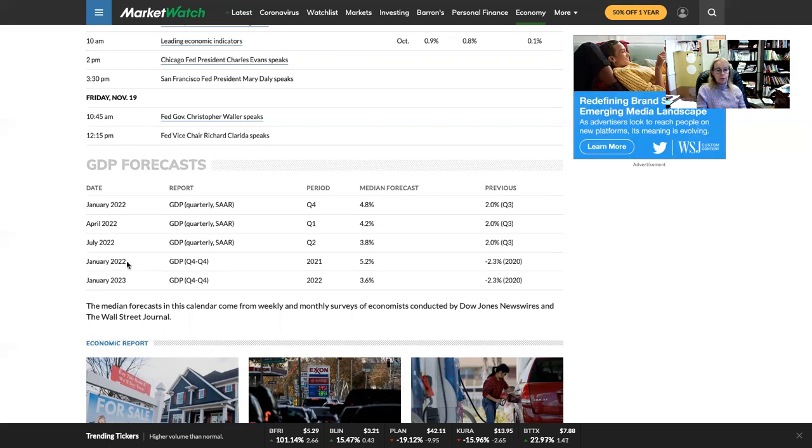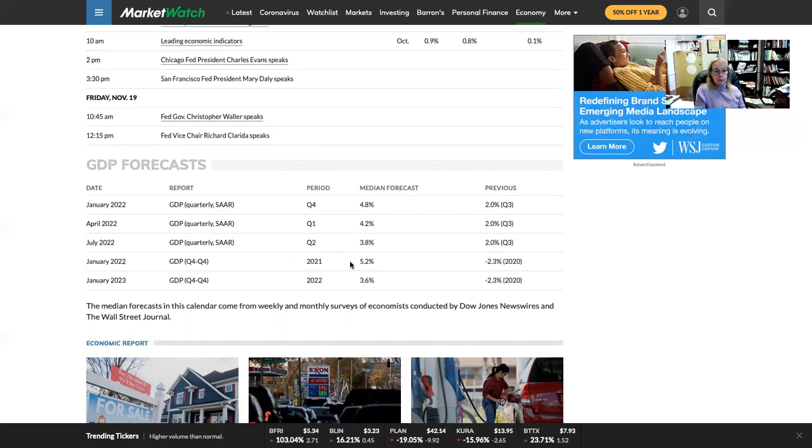So for 2022, they're forecasting GDP to be 5.2%. So they're expecting our GDP to grow by 5.2%. In 2020, we had negative GDP growth of 2.3%. That's pretty good considering we are in the midst of COVID. So only a 2.3% decline in GDP.